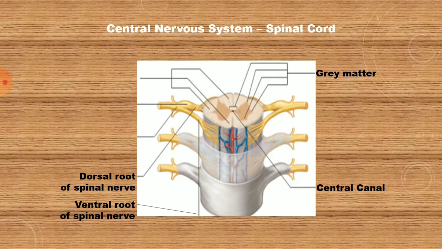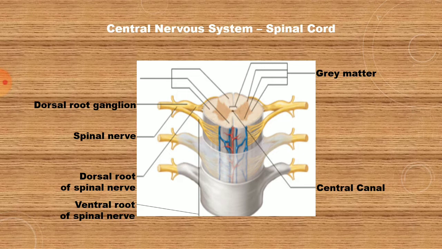These two roots join together, and the dorsal root ganglion forms. From the ganglion, the spinal nerve forms. Around the gray matter, white matter is present, which has bundles of nerve tracts.